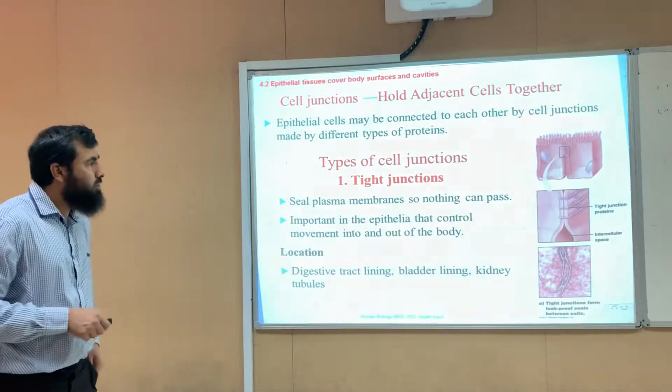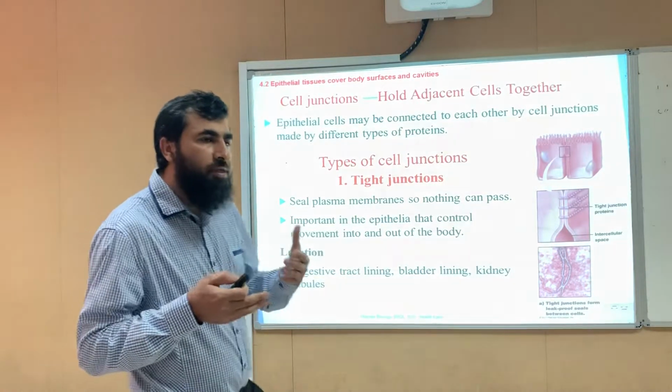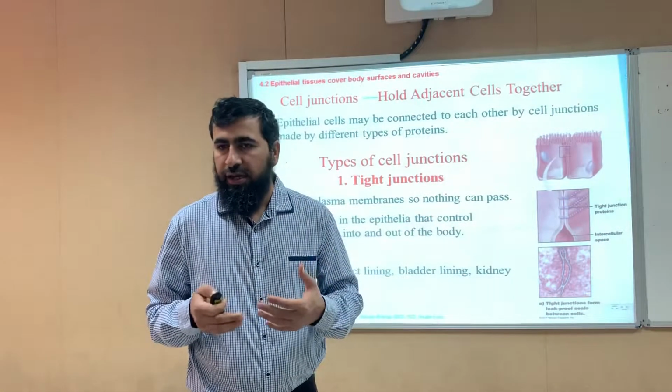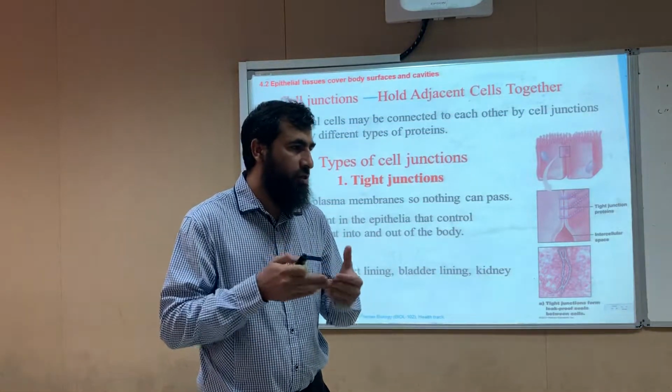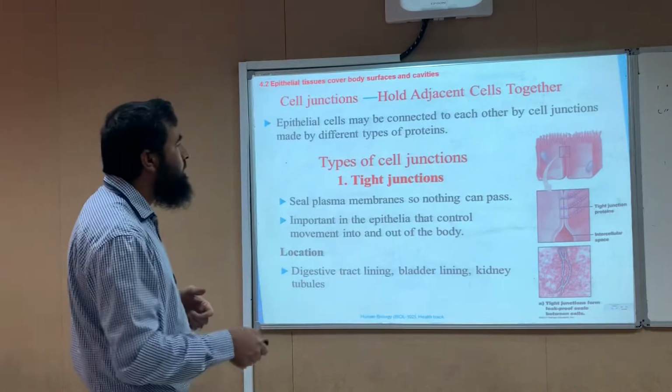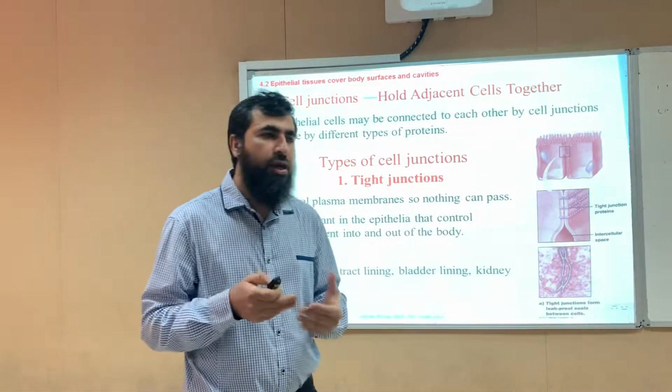Okay, so how are these cells held together? Remember that we said that the epithelial tissue has very little extracellular matrix. They're packed together in sheets. So there are some proteins which hold these cells together, okay?